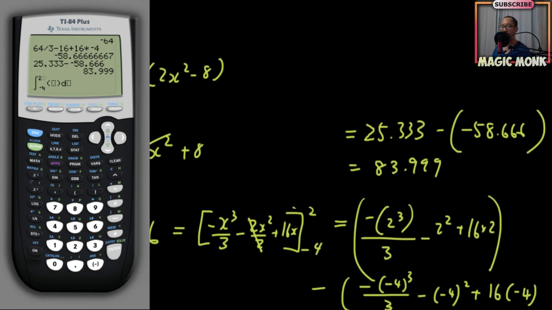No. And then I go y2 minus y1, and then dx. Okay, let's see what that equals. Pray to God it's correct. 72. Oh.